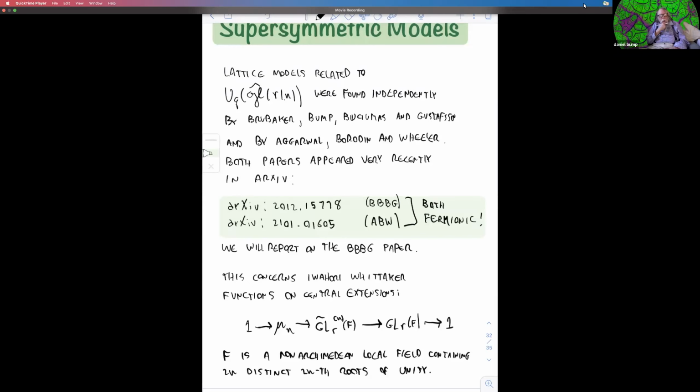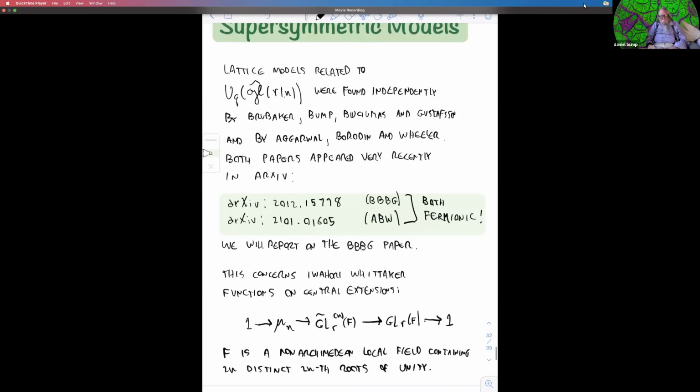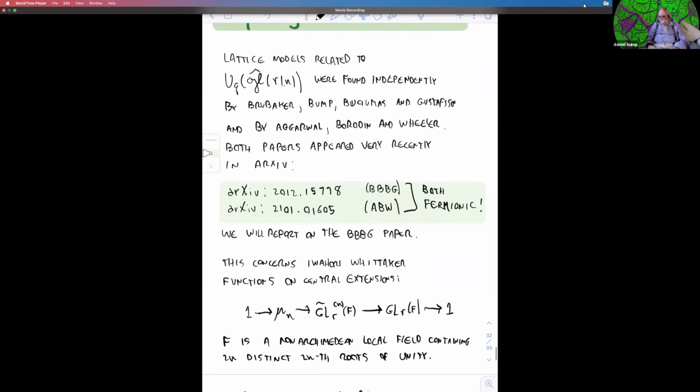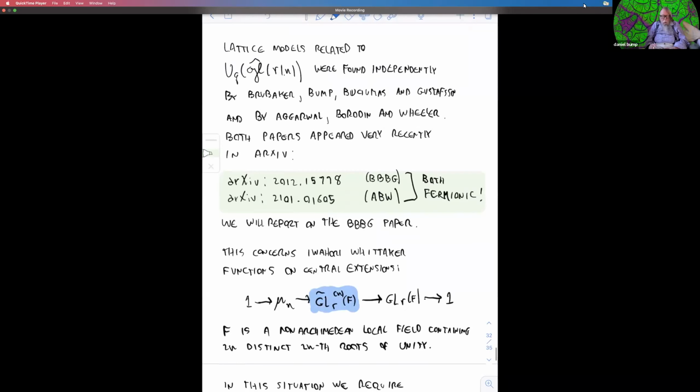For us, the application is to Whittaker functions on so-called metaplectic groups. The metaplectic group is a central extension of GL_R. You make a central extension by a group of roots of unity.